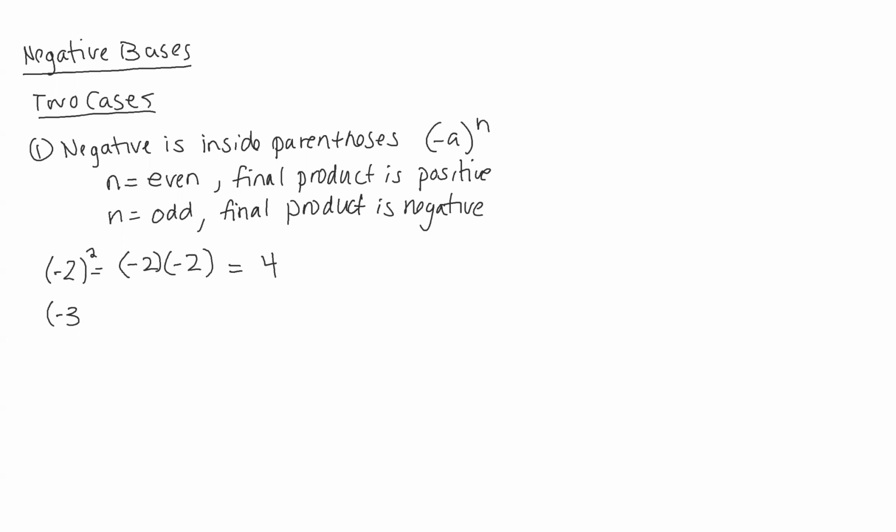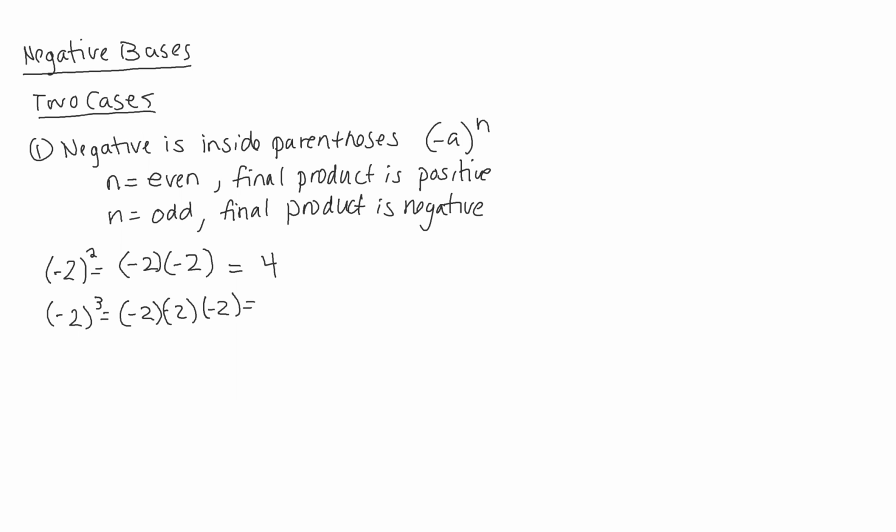Well, if I did -2 to the third power, again, with the parentheses, that negative and the 2 get held together forever. So that exponent is going to be applied to both the negative and the 2. So when I rewrite this, I'm going to rewrite it parentheses and all. So -2 gets multiplied by itself 3 times.